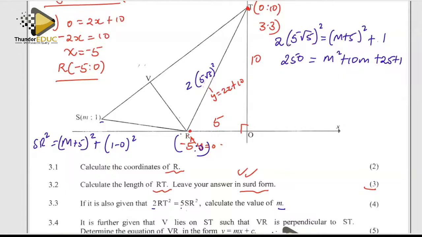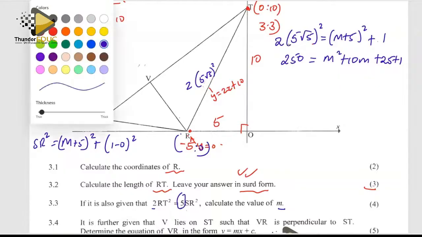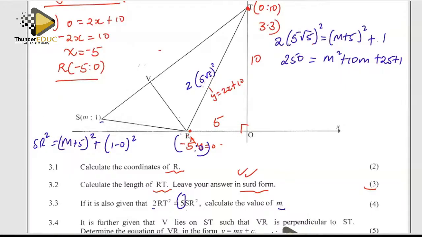Let's move everything to one side of the equals. No, there's something I missed out. There's a 5 here, so we don't need to leave that 5 out, meaning that this must be multiplied by the 5. So 250 is going to be 5m squared plus 50m, and then 26 times 5.